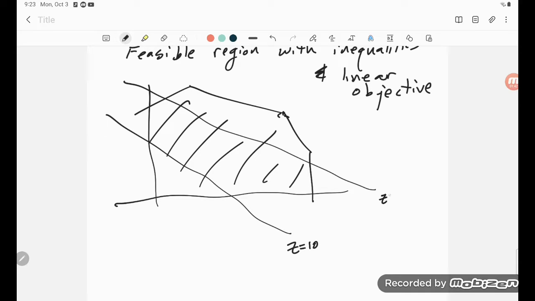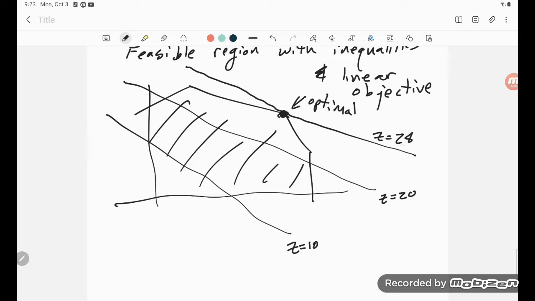Here would be z equals 20. Those are supposed to be parallel, and maybe then that is z equals 28 or something along those lines. And this is optimal. Or in this case, a maximum, because they were getting bigger.